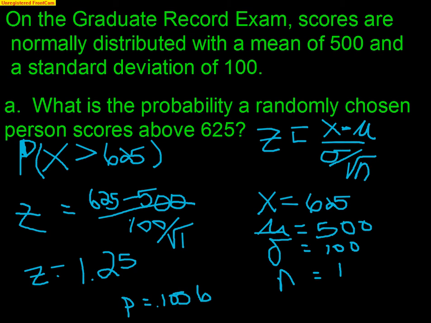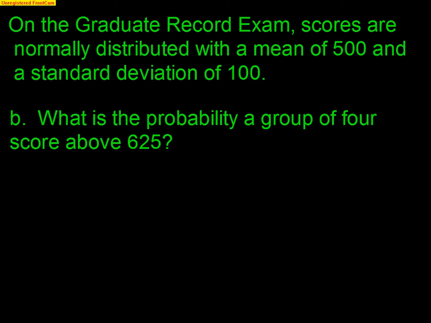So for part B, I want you to do the same thing you did for A. Read it, try to work it by yourself, and then get some help from me. So I'll pause for a second again so you can read the context, which is the same for A, and then you can read what the problem's asking for. Okay, again, this is a normal distribution, and it's asking what's the probability that the scores are strictly above 625.